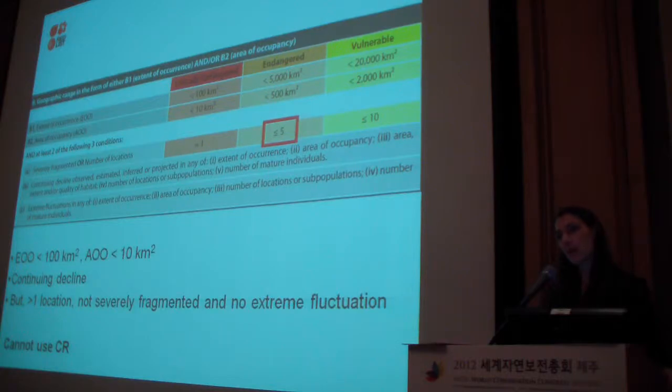I'm just thinking about that. There might be a possibility that you would have a population with an EOO of less than 100, but it's in one large population compared to 5 smaller populations. And is that? Oh, it's not. It's location. It's location. That's why.